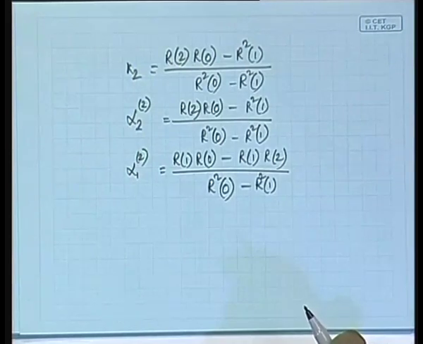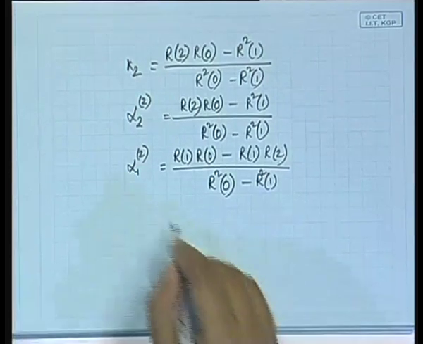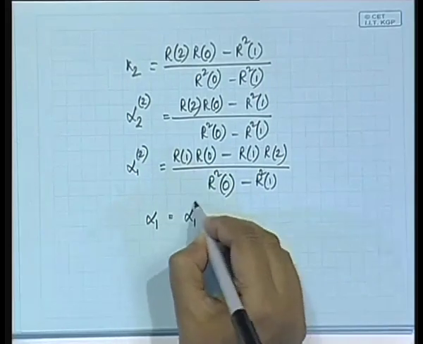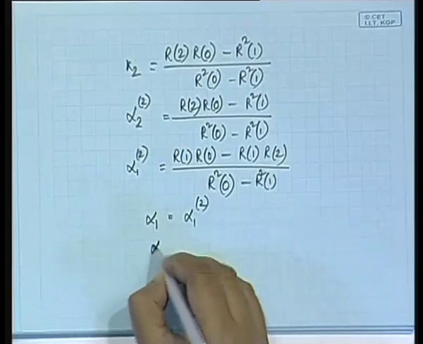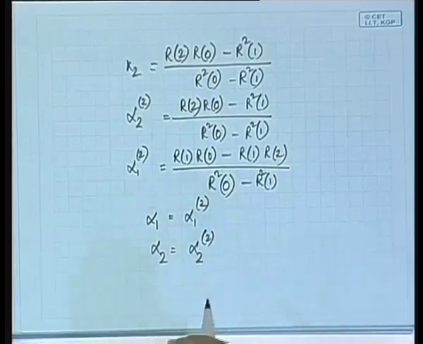So whatever is the alpha i's pth estimate becomes the final estimate of the alphas. So in this case alpha 1 is equal to alpha 1 superscript 2 and alpha 2 is equal to alpha 2 superscript 2.